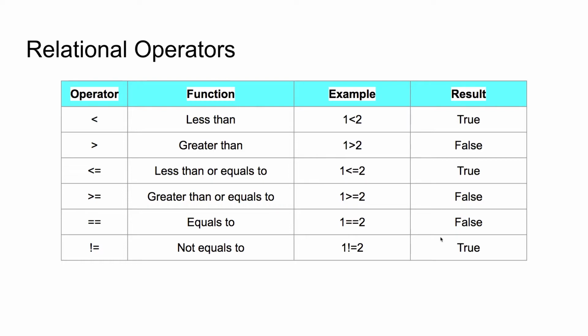Next we have our logical operators. The concept of logical operators is that they allow a program to make a decision based on multiple conditions. Each operand is considered as a condition that can be evaluated to a true or false value.